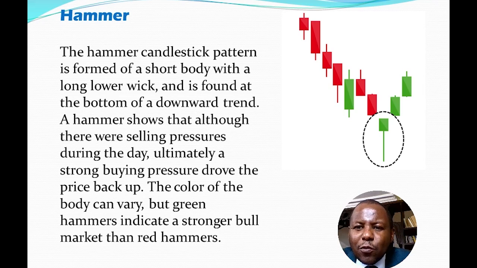The hammer shows that although there were selling pressures during that time period, ultimately a strong buying pressure drove the price back up. The color of the body can vary, but green hammers indicate a stronger bull market than red hammers. So you can have a red hammer or a green hammer. But this is showing the strength of that change that is happening.